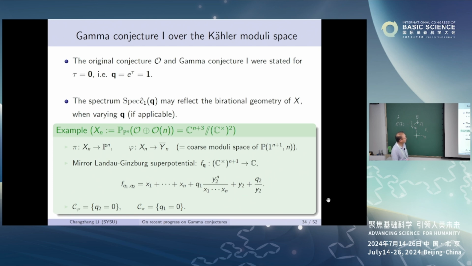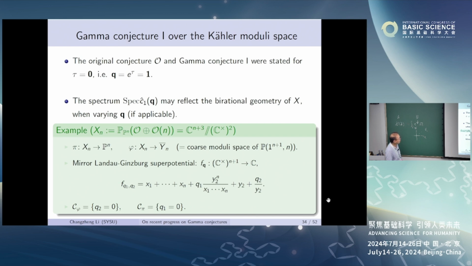It is a toric Fano manifold, and indeed there are two morphisms. One is the natural one, the P1 bundle. Another one is that you can see it is some kind of blow-up of the weighted projective space, n copy 1 of n. This is the geometry; you can see the morphism.